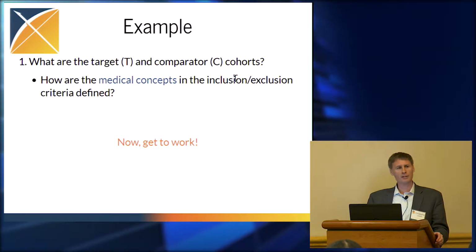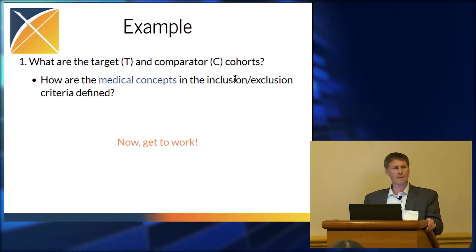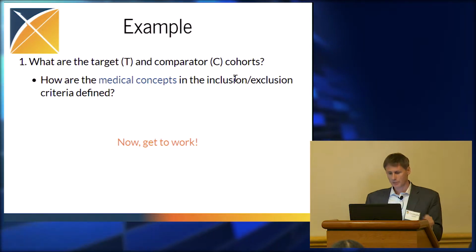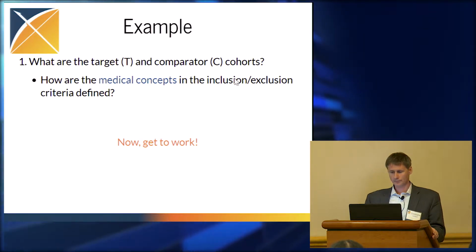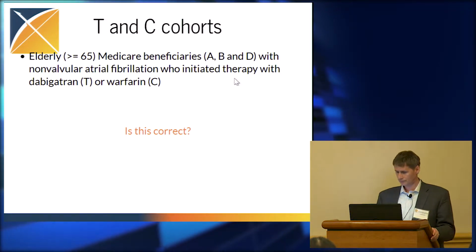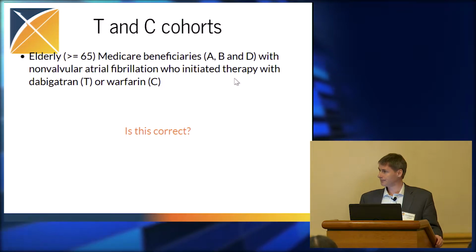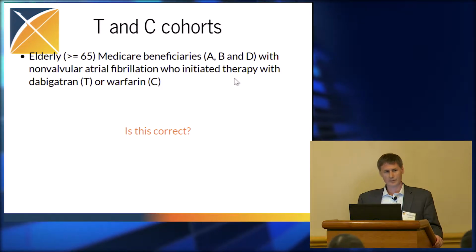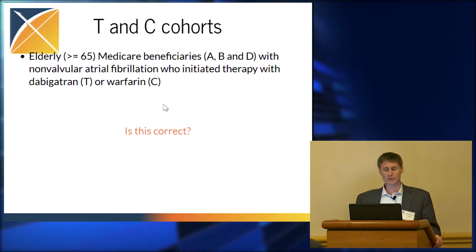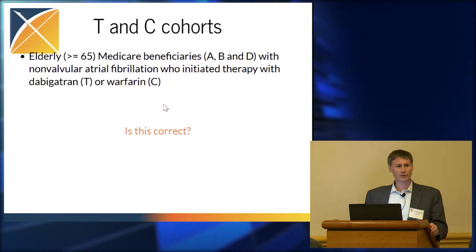Are there medical concepts or the vocabulary terms for the inclusion-exclusion criteria in there? Some of them? I couldn't hear from Marc. What did you define the target cohort as? New users of dabigatran. All right. So is this everything that we could say about the target and comparator cohorts in terms of inclusion, exclusion criteria? There's a lot more.